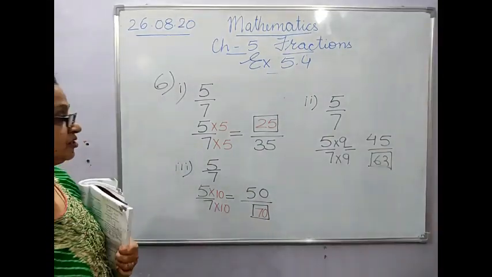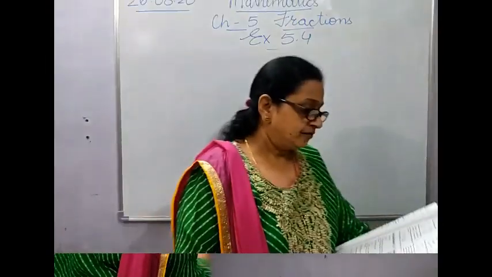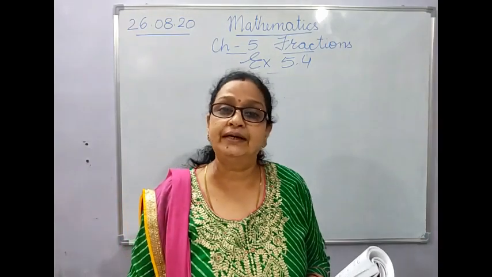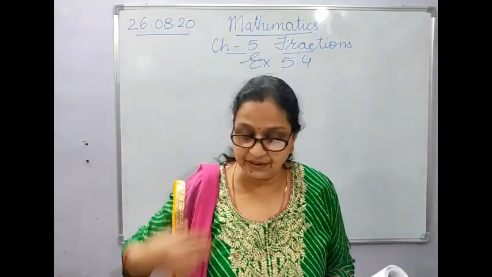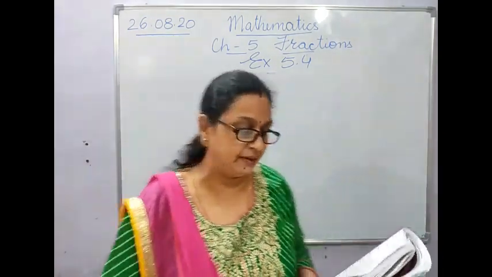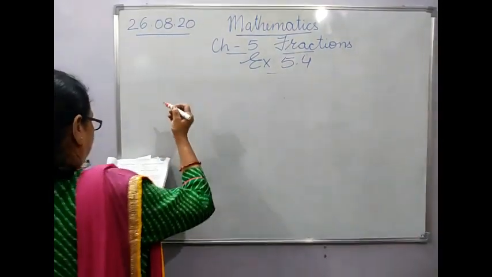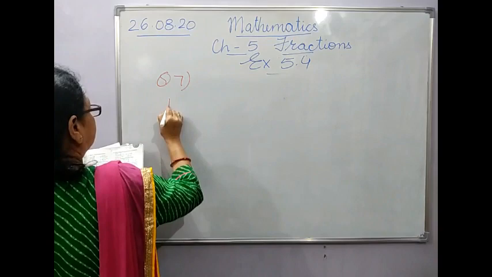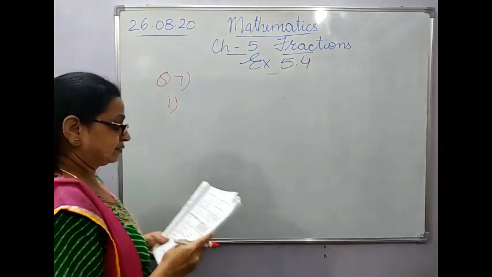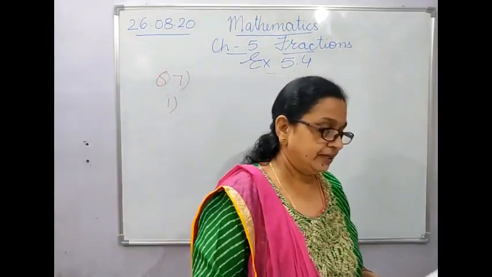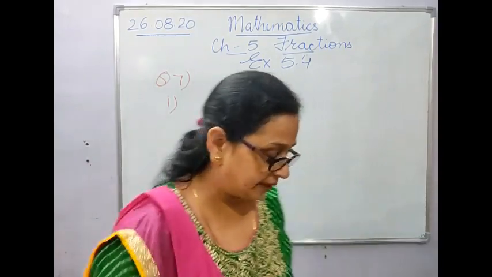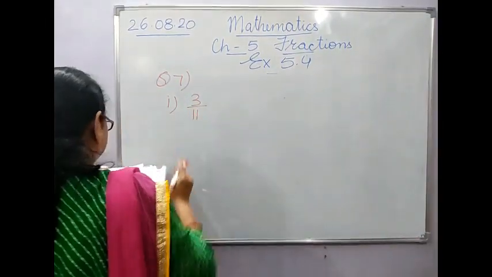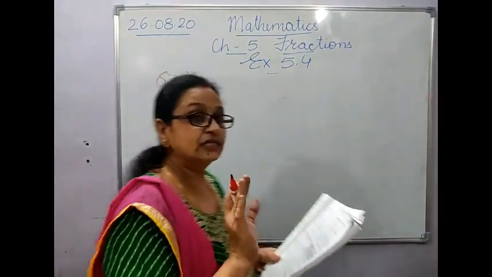Then we move on to question number 7. Convert the fractions into equivalent fractions having numerator 15. Same way, these sums are almost the same. I'll be doing the first one. Three are given. 3 upon 11. In this, they have said the numerator is fixed.